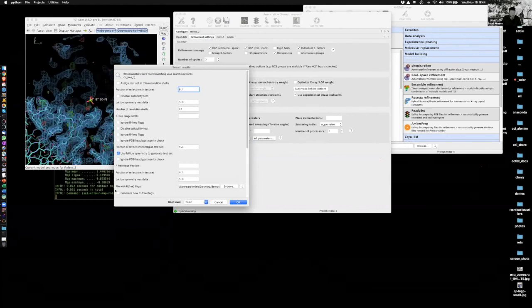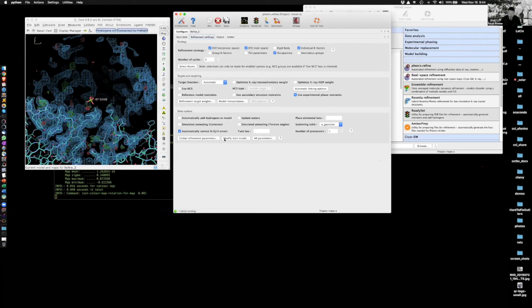Generate new free flags here. Thank you, we just had a question in the chat. Great. So you try to put something plausible in search parameters, and eventually you get what you want, hopefully. So you tick generate new R free flags, and that will do the job.